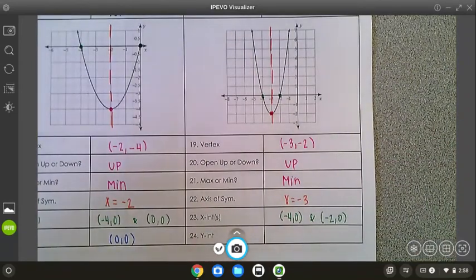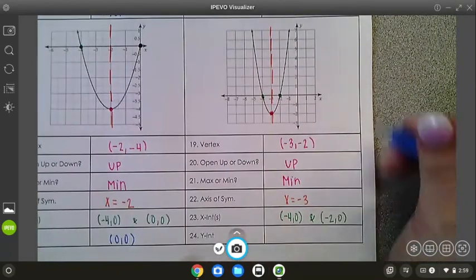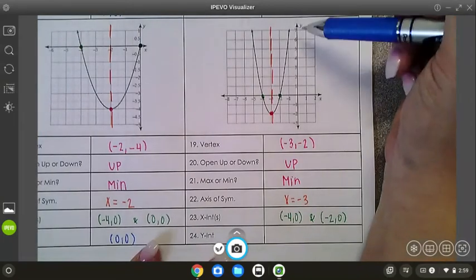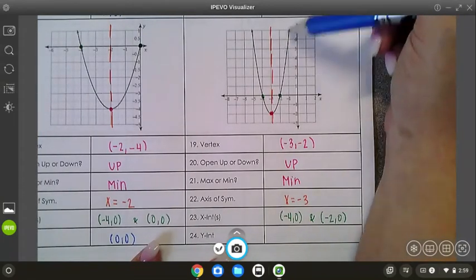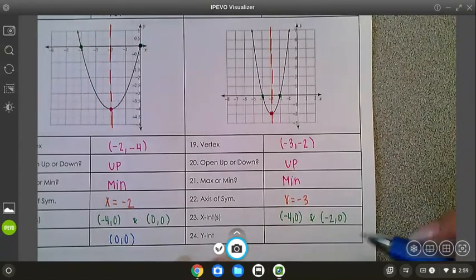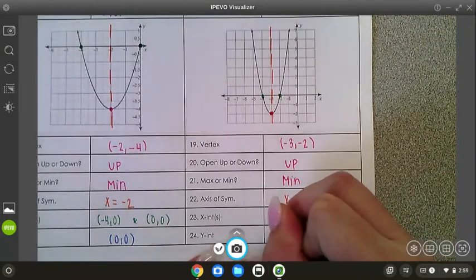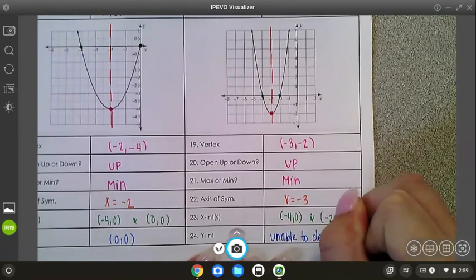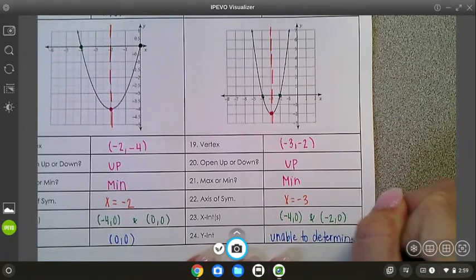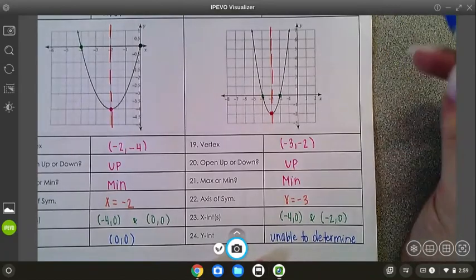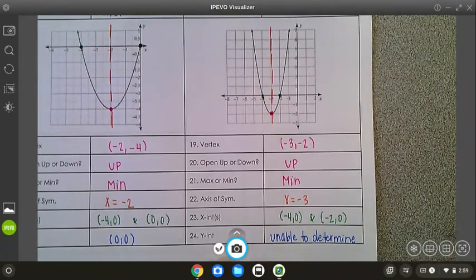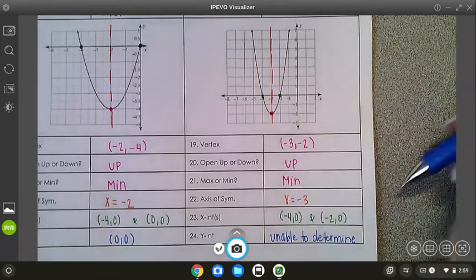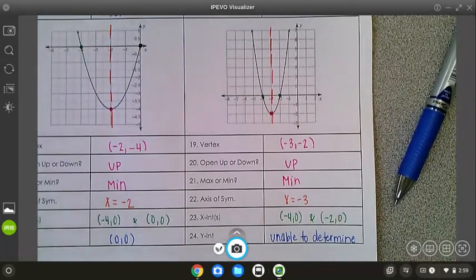And your y-intercept, you can't see that. It's somewhere above 7, probably like 30 or something. So I'm just going to put unable to determine. Don't put none because it actually does have a y-intercept, just not one that we can see. So if you put none there, change that to unknown or can't tell, something like that.